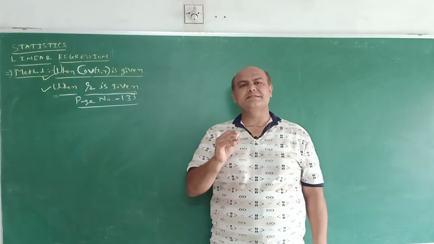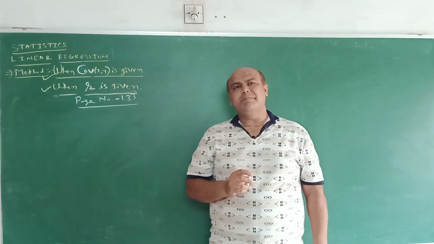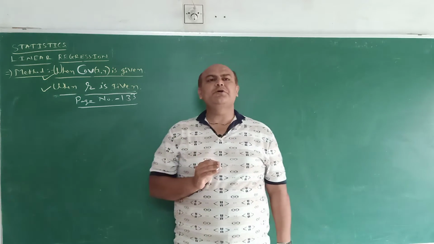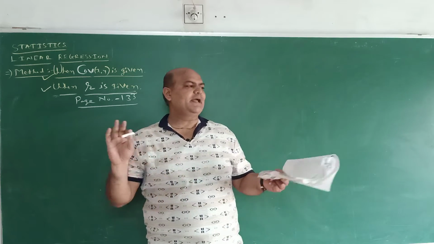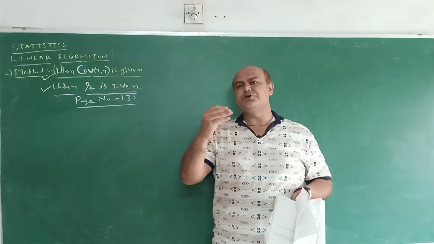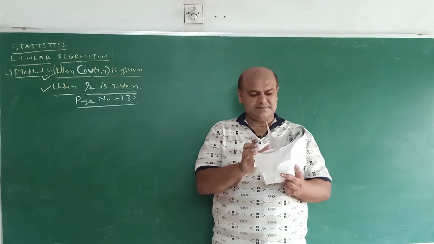Both types of methods we take. Now today in these particular sums, no need to prepare any additional column. Just put the values into the formula and get the answer.